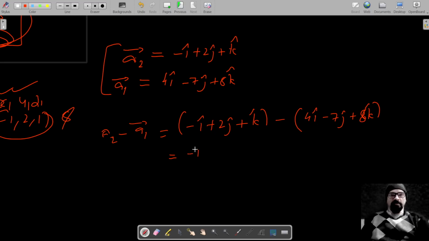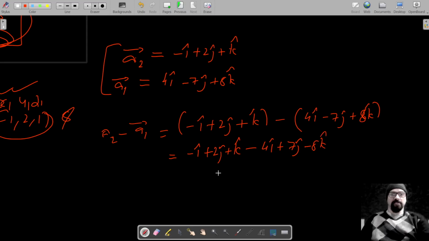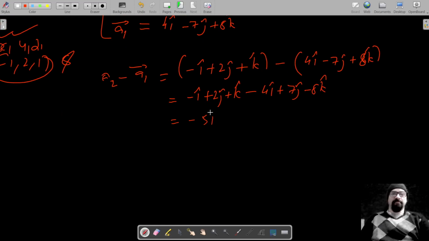So this is negative i cap plus 2j plus k cap minus 4i plus 7j minus 8k, which gives me negative 5i cap plus 9j cap minus 7k cap. This is a2 minus a1.